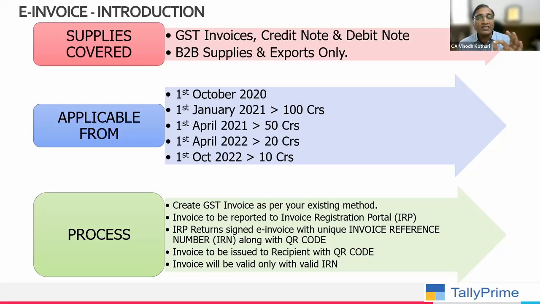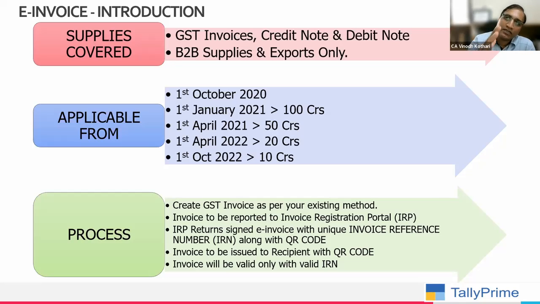And once this is applicable for you, then all your tax invoices, B2B supplies, credit notes, debit notes, it is mandatory that they carry a valid IRN and a QR code. If you don't generate a valid IRN and QR code, that means that invoice is invalid.